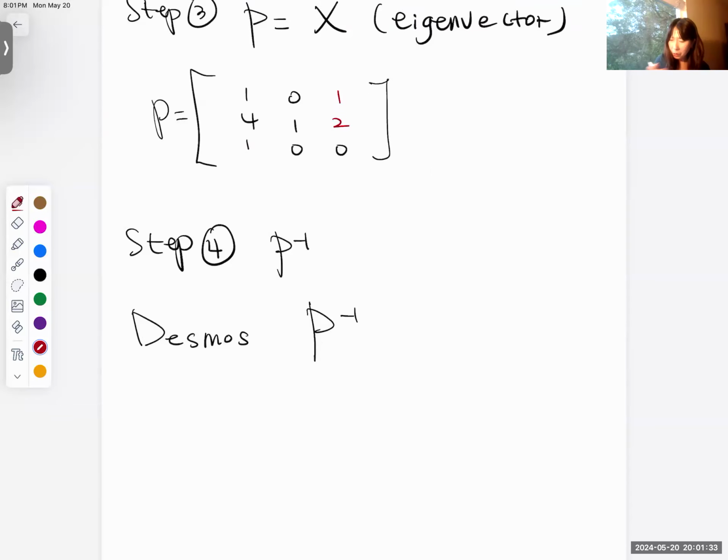If you do that, can you please give me the inverse?